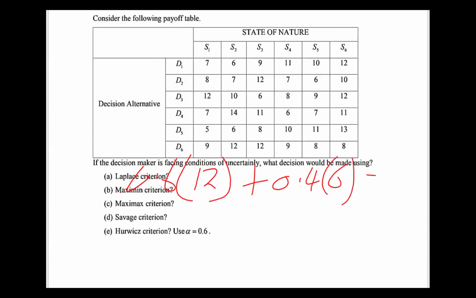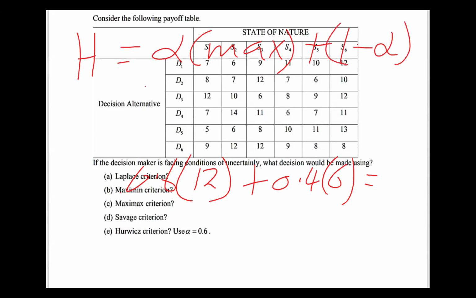Where are we getting the 0.4? 1 minus alpha. You've forgotten the formula. I had written it: alpha times the maximum, plus 1 minus alpha times the minimum. This is the formula.